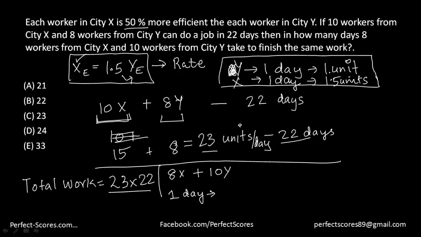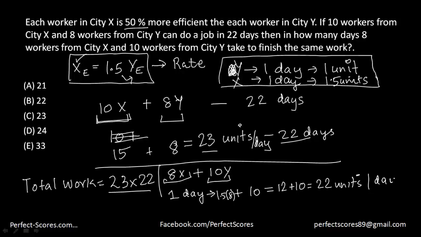Now every worker from city Y finishes 1 unit. That means 10 workers from city Y are going to finish 10 units. Now again, every worker from city X finishes 1.5 units every day. That means 8 workers will finish 1.5 into 8, right? So that would be 12 plus 10, which would be equal to 22 units every day they are going to finish.